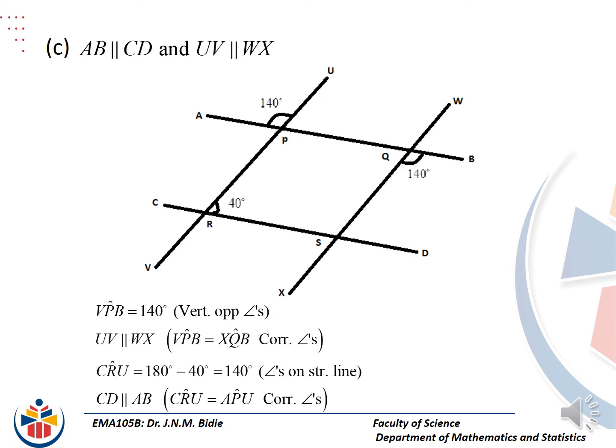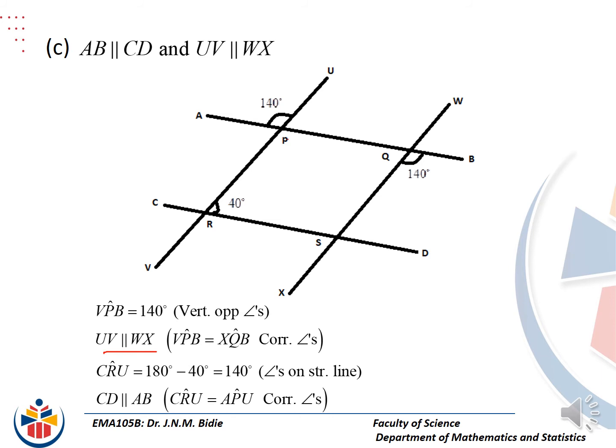Okay, in this example, we are asked to prove that AB is parallel to CD, and UV is parallel to WX. In my solution, I chose to start with UV parallel to WX. So all I need are those angles to be corresponding angles, and that's all basically I need.